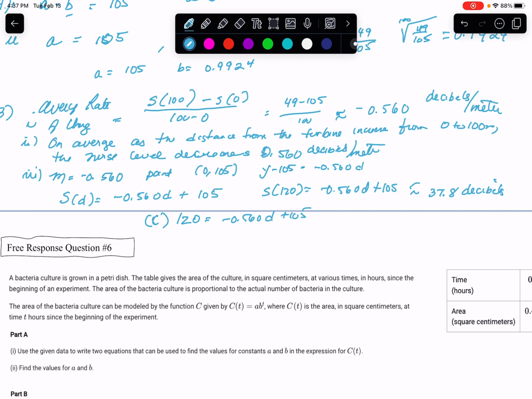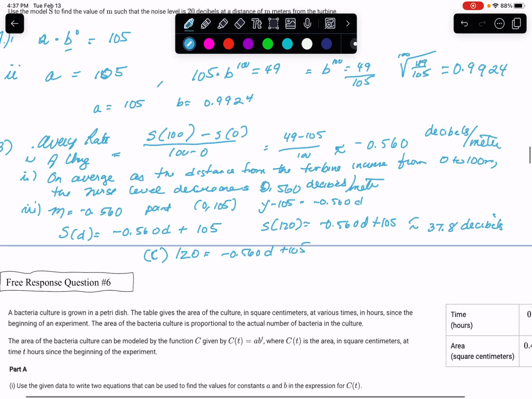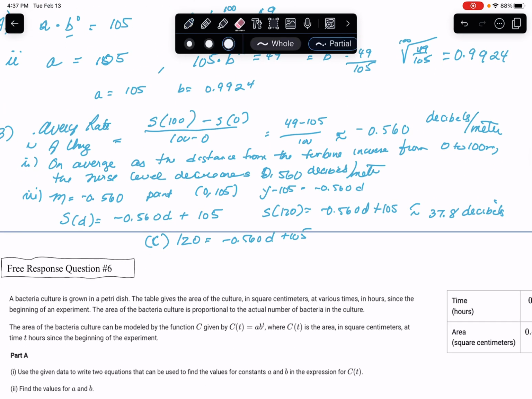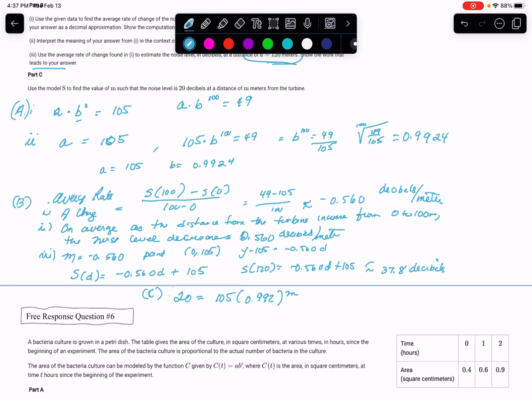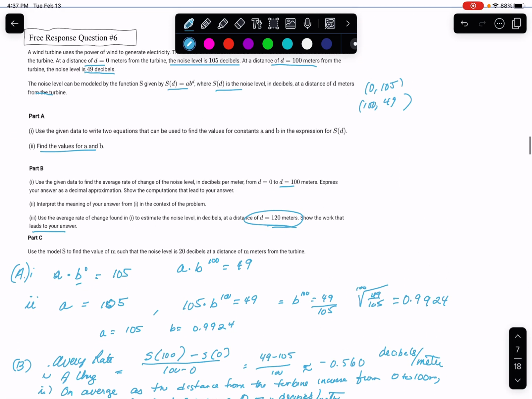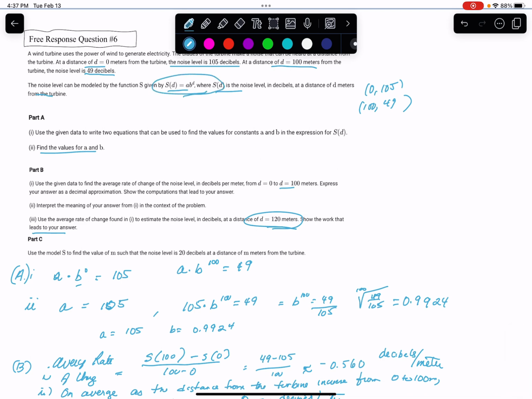We don't want the average. We want to actually find this, right? So S of D, so 20 is equal to 105 times 0.992 to the D. Now that's because model S is given right here, right?